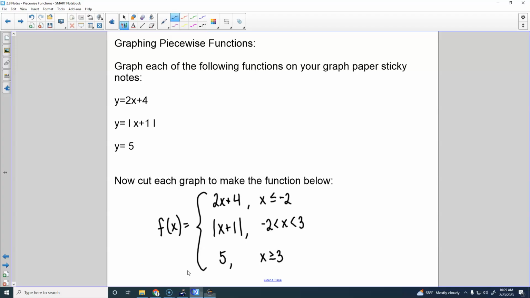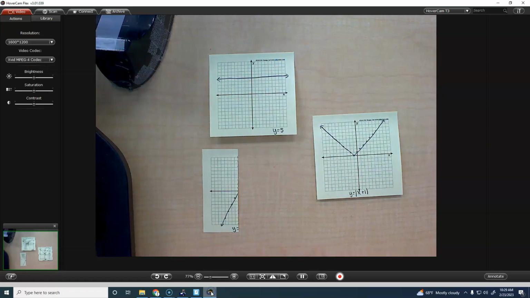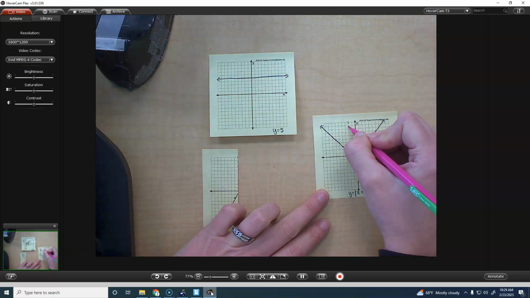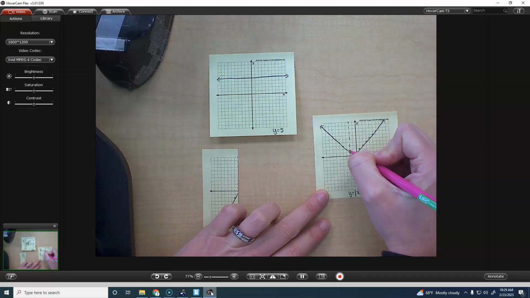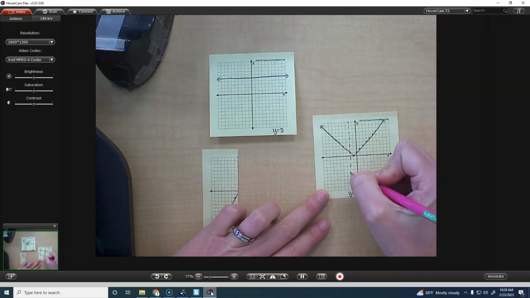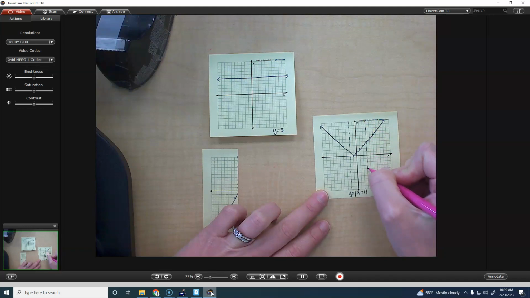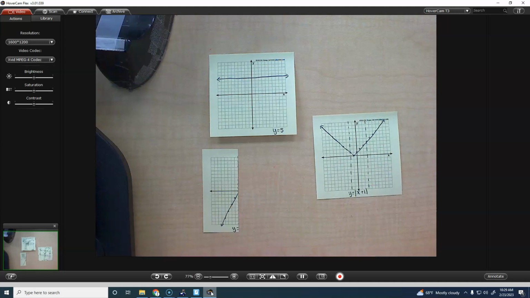Then you are going to take the absolute value graph. We want to use from negative 2 to positive 3. So we're going to go over here on the absolute value graph, and we're going to do like we did for the other. We're going to put a dotted line at negative 2, and then another dotted line at positive 3. Those are my lines where I'm going to cut my graph.